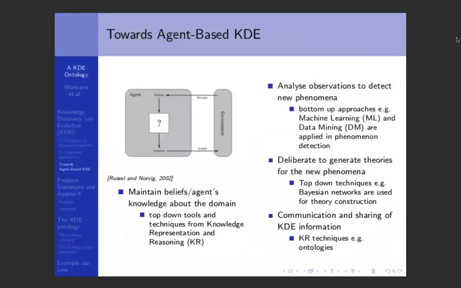So what's agent-based KDE? An agent takes in percepts from the environment, performs some deliberation, and returns an appropriate response or action to the environment. An autonomous agent that performs KDE tasks should be capable of maintaining knowledge about its domain using KR tools and techniques.